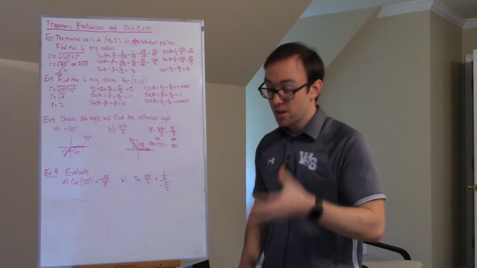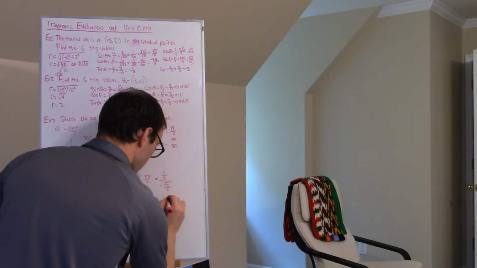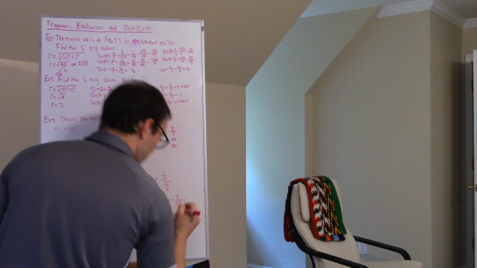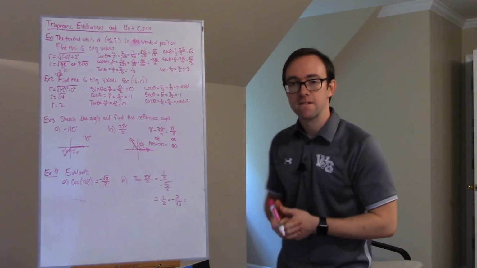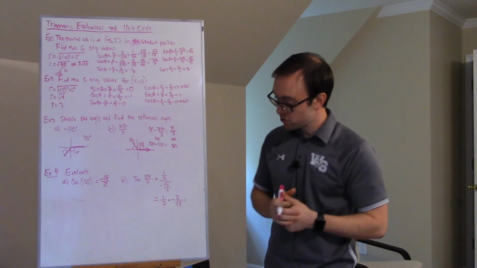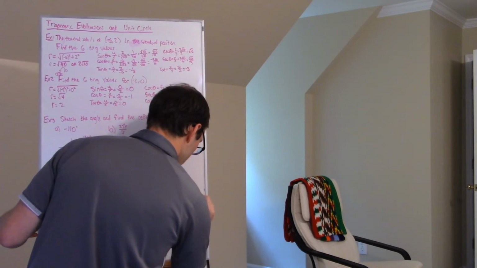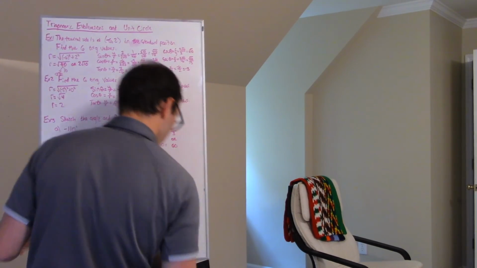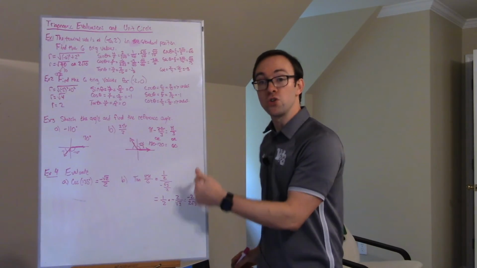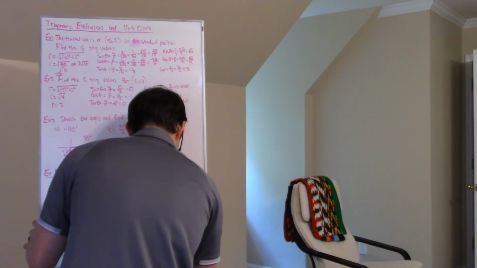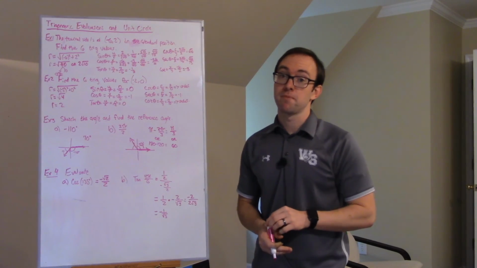Because we're dividing fractions, you're going to remember the keep flip change. 1/2 times negative 2 over the square root of 3 becomes negative 2 on top, and then 2 square root of 3 on bottom, which the 2's would cancel. And we'd be left with negative 1 over the square root of 3.